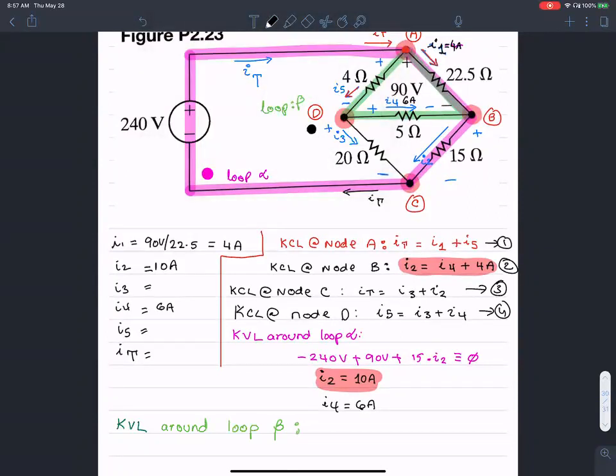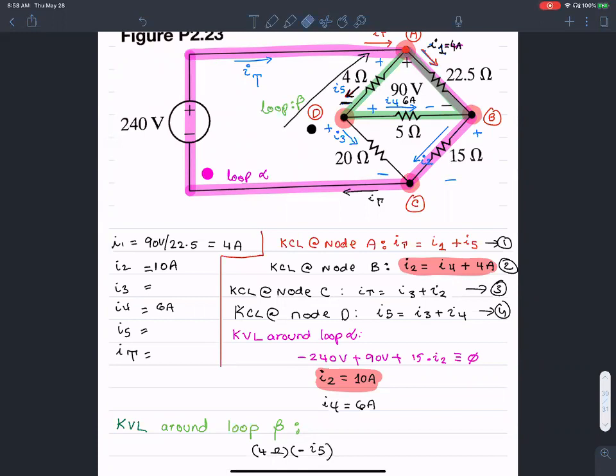I believe you would have 4 I5 plus 90. 4 ohms times, don't forget the negative I5, because my loop is going in this direction and I encountered a negative there. So the current I5 was flowing in this direction, right?